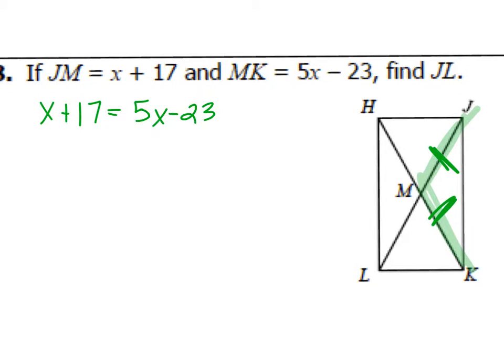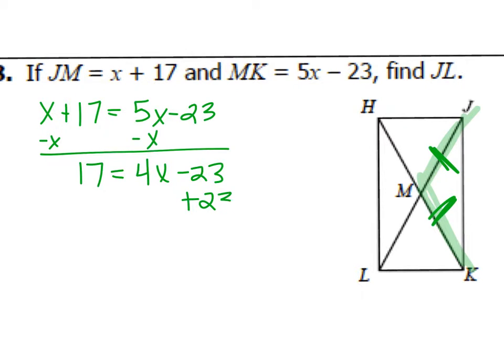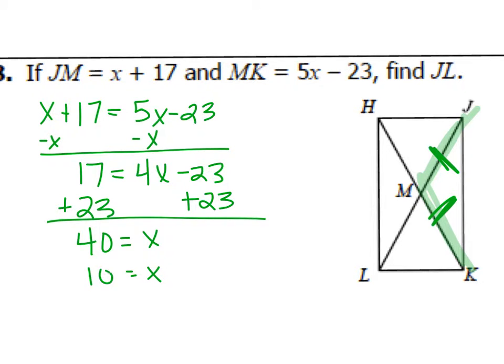And we're going to go ahead and solve for x. So I'm going to subtract x from both sides, and I'm going to add 23 to both sides. And I get that x equals 10, which is awesome, but it's not what this problem's asking me to solve for.